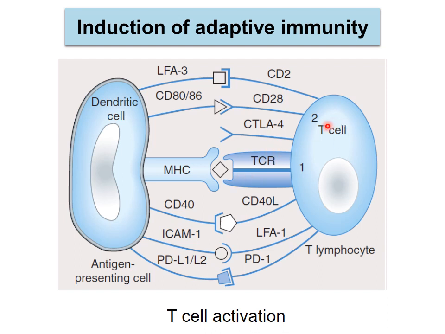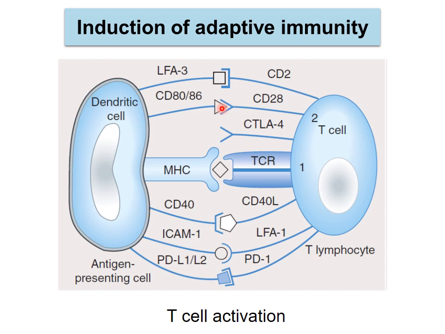T cell activation requires engagement of the T cell receptor by the MHC peptide complex. This is signal number 1. And binding of co-stimulatory molecules CD80 and 86 on the APC to the CD28 of the T cell is signal number 2.